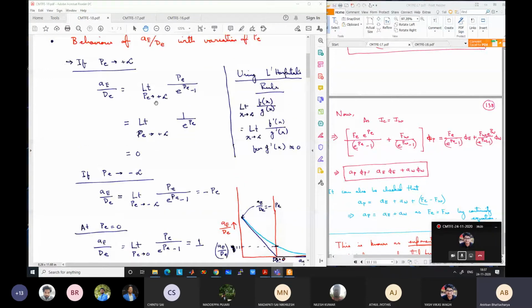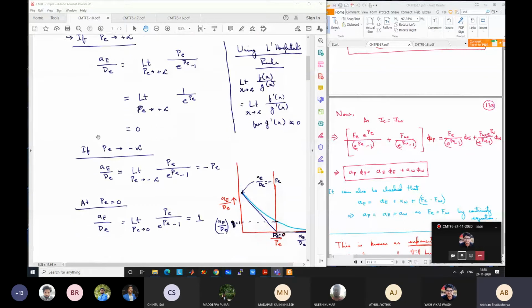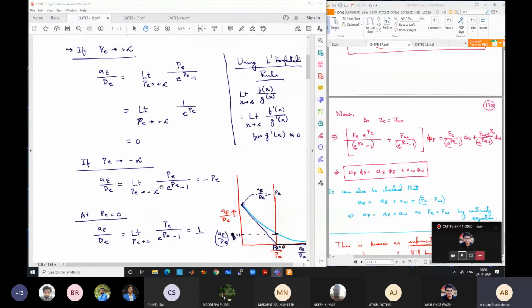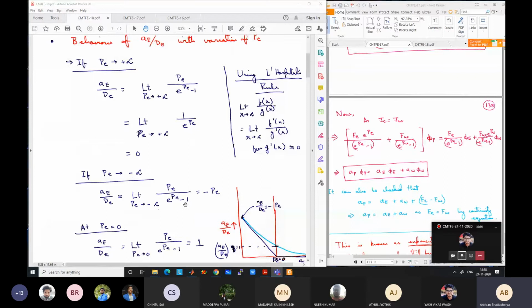So for the Peclet number going to infinity limit, we have seen the value goes to 0. Peclet number going to minus infinity, we can again take the limit of a by d, limit Peclet number goes to minus infinity of p by e to the power p minus 1. In this case, it is easy to calculate the limit.